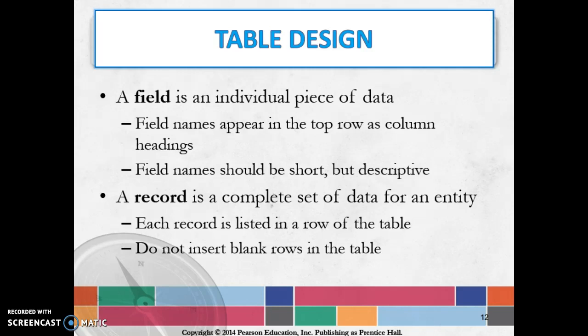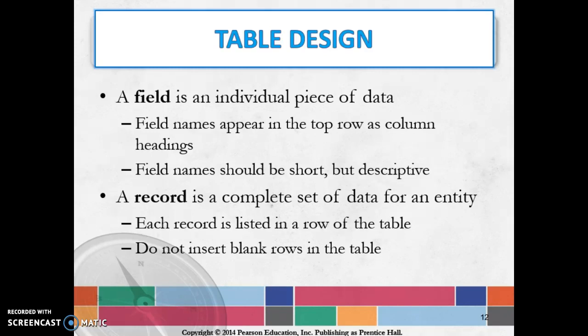A field is an individual piece of data, so maybe it's a sales amount. But a record would be everything for that particular facility or location. So it would have not just their name, but also their address, who's the salesperson associated with that account, along with their sales data, things like that. All of that information in a row across the table would be considered a record.